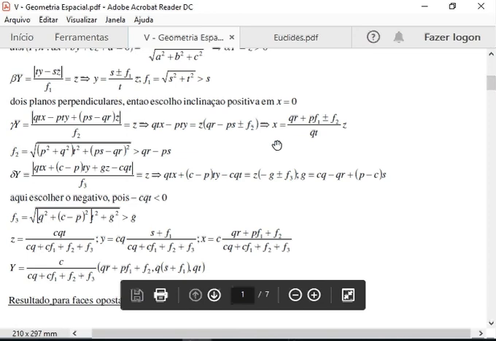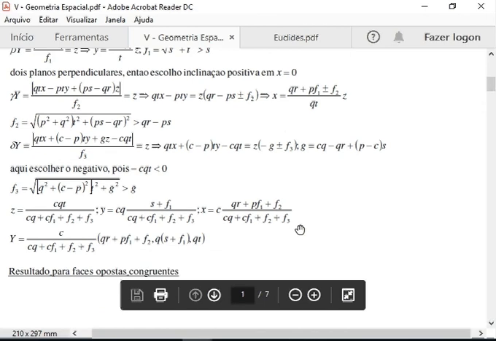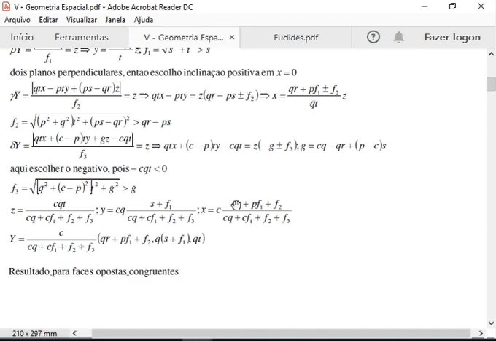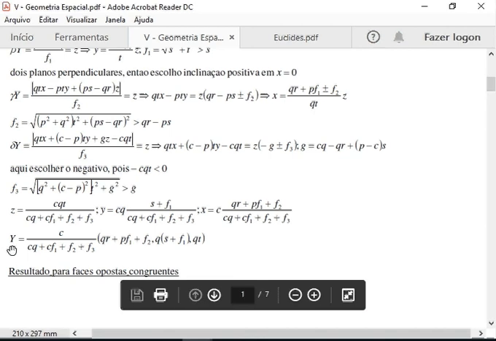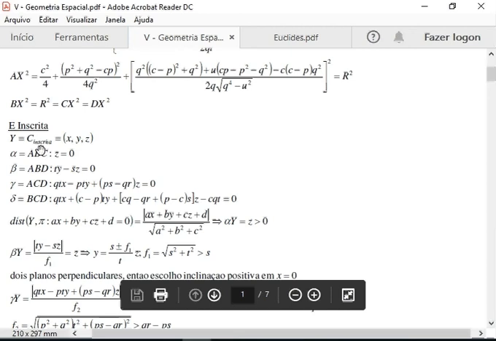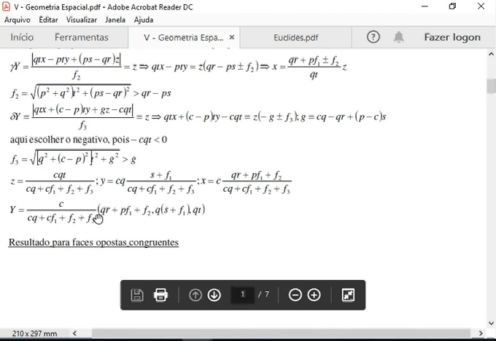X is (QR plus PF1 plus F2) over the same thing, multiplied by Z, which is CQ2, okay? Now, divided by Q2. Who is the point Y? The point Y is the center of the inscribed sphere with coordinates x, y, and z: coordinate x is QR, coordinate y is Q(S plus F1), coordinate z is CQT.